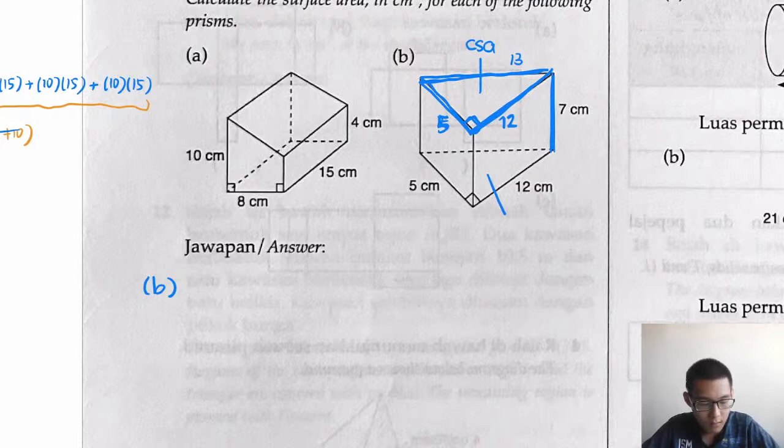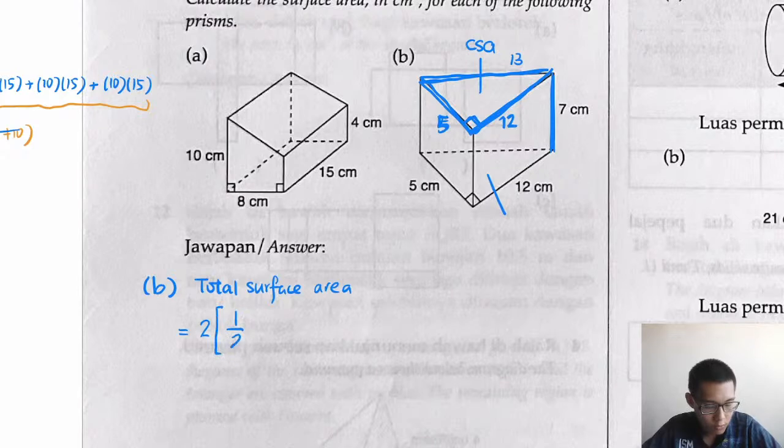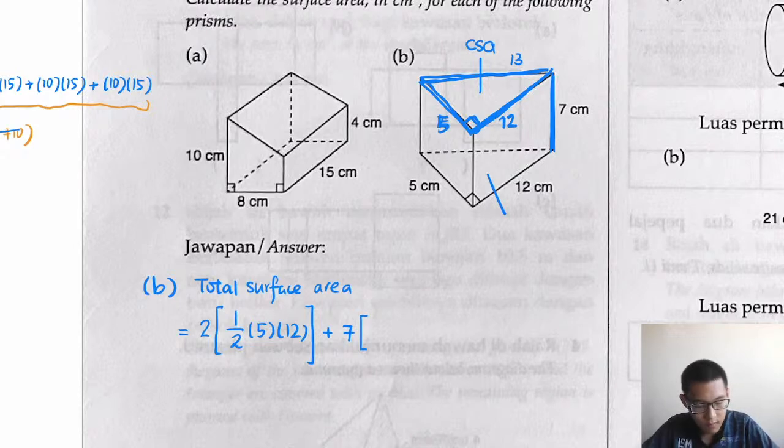So then the total surface area is equal to the sum of cross section areas. Here is a triangle, right? So we use the triangle, 5 times 12 and take a half, plus we have height 7 cm times the sum of these three sides.